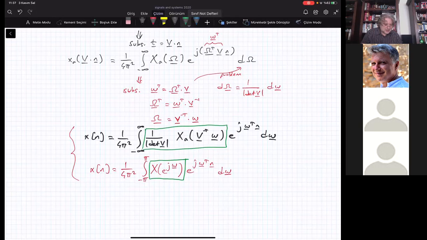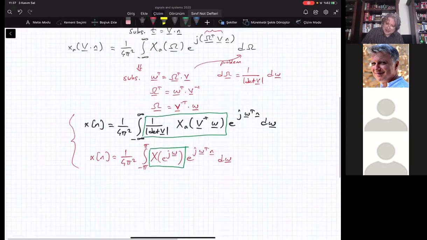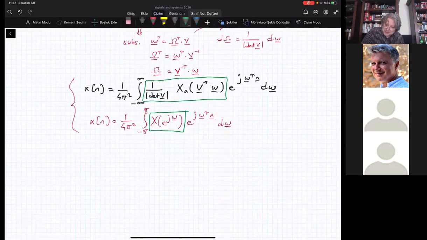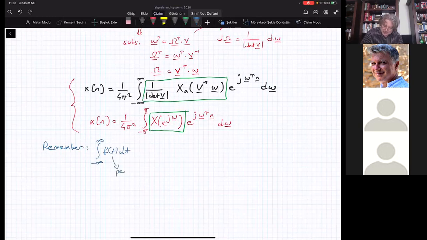We must make this kind of a remembrance. So I'm drawing it in blue. I will say remember the following. If you are trying to take the infinite integral of f of t dt, where f of t inside it is periodic, you can do it like this.